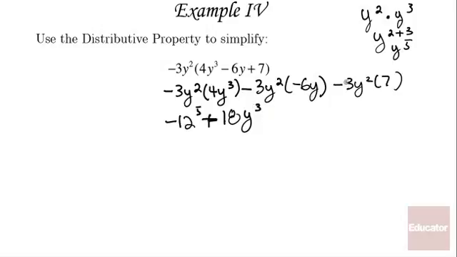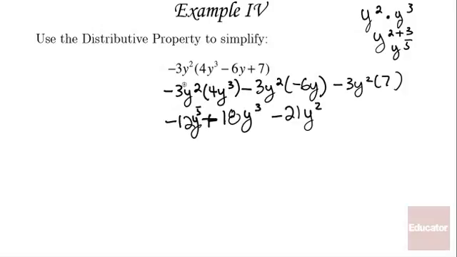And in my last section, I have negative 3 times 7 is negative 21, and then I don't have any y expression over here, so it's just y squared. The final answer is negative 12 y to the 5th plus 18y cubed minus 21y squared.